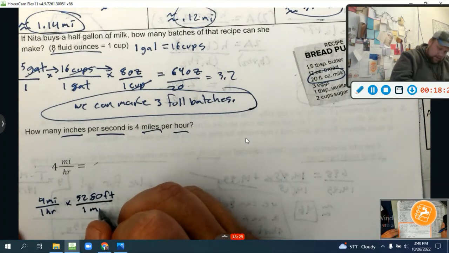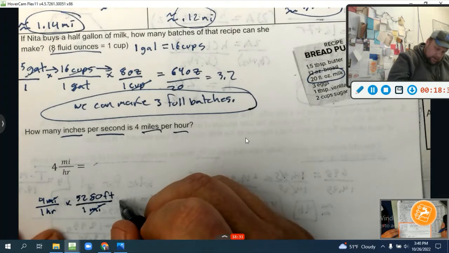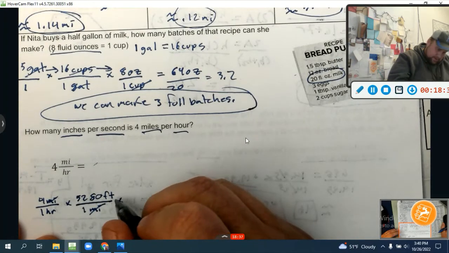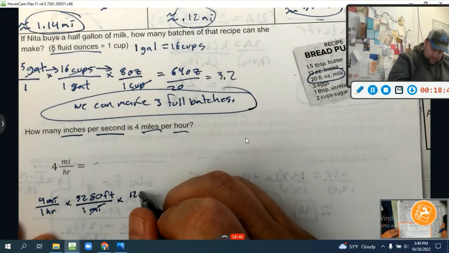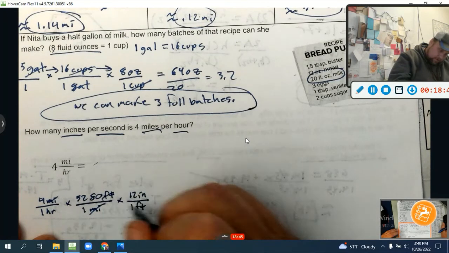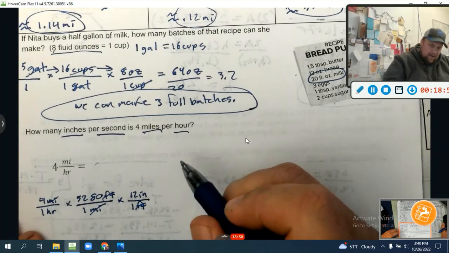Now I'm in feet. Now I want to multiply this times, I want to get rid of feet, so I know I'm going to have inches. So I'm going to have 12 inches in 1 foot. Perfect. I've done inches. But now I want to get rid of that hour.